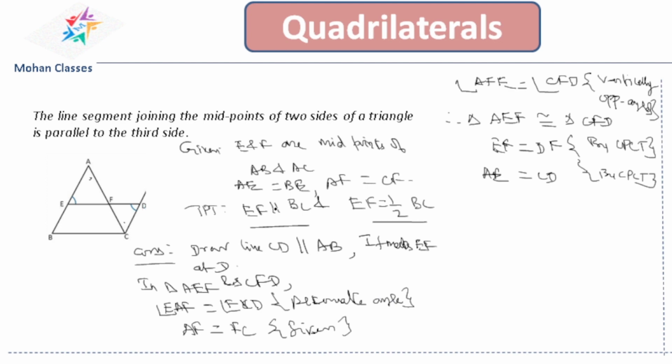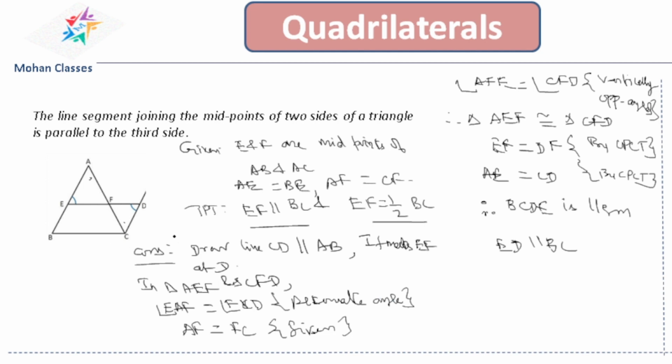And then therefore BCDE is a parallelogram. If BCDE is a parallelogram, it means ED is parallel to BC, right?